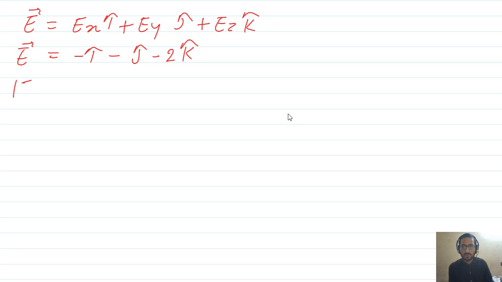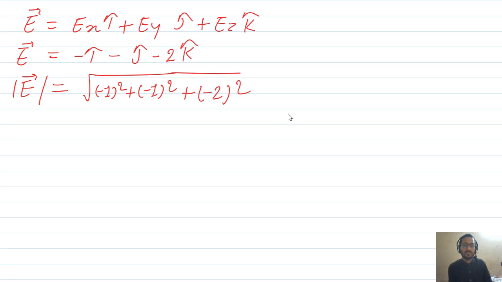To find the magnitude of the electric field, we solve like this: -1 square plus -1 square plus -2 square. It's the method to find the magnitude. Then we get 1 plus 1 plus 4, which is 6, so the magnitude is root 6.